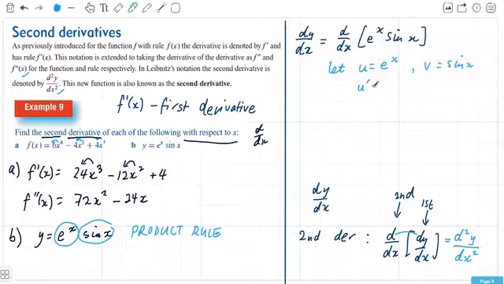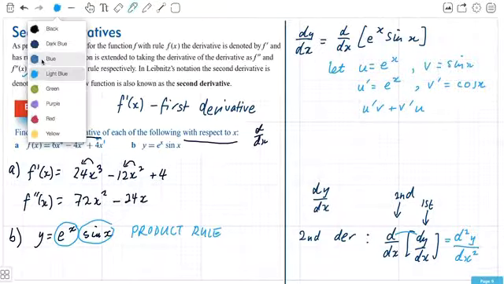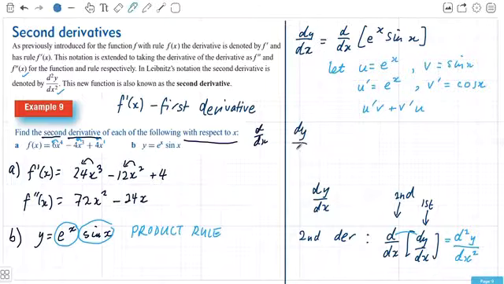The derivative of e to the x is e to the x, a lovely one. The derivative of sine is cos. And our product rule is u dash v plus v dash u. So dy dx equals u dash v, so e to the x times sine x, plus v dash, which is cos x, times u, e to the x cos x.